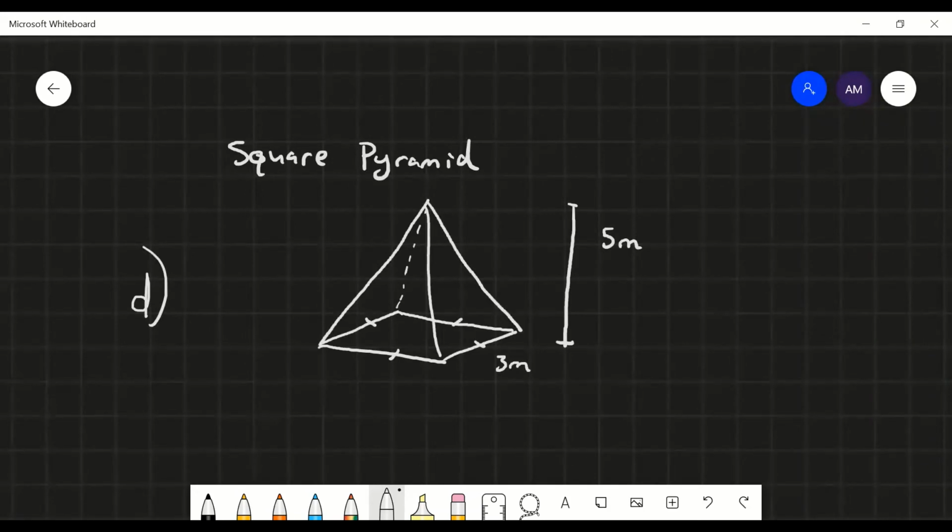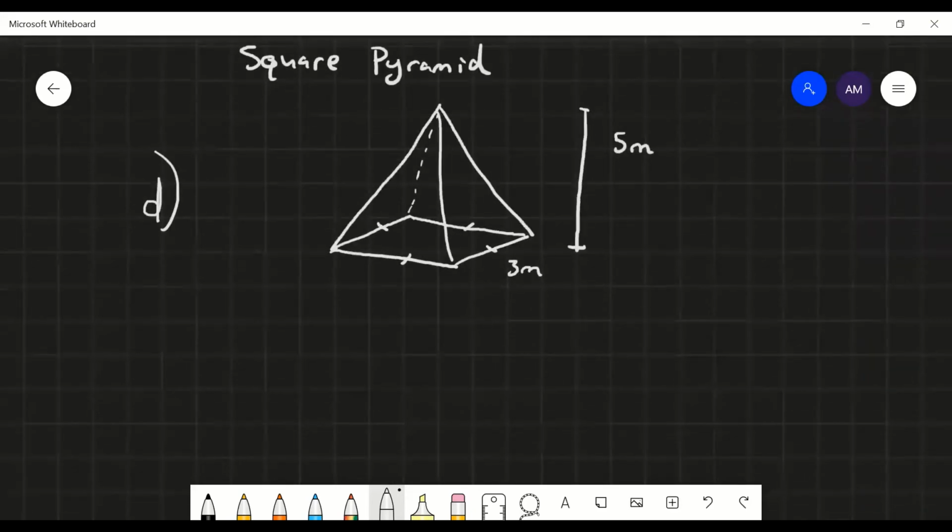The point with a pyramid is that every corner or every side meets up in the top as one point. That's all you need for a pyramid: they all meet at the very top and make a point. Pyramids follow a similar pattern with calculating volume.